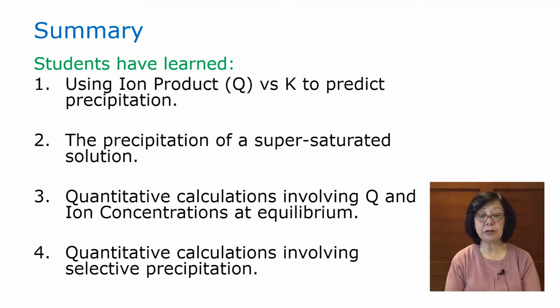And we learned how to do quantitative calculations involving quotient and ion concentration at equilibrium. Finally, we calculated, based on selective precipitation, the amount of reagent to be added to form a precipitate and which ion from the mixture will precipitate first.